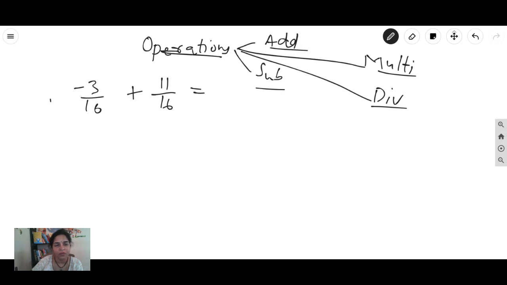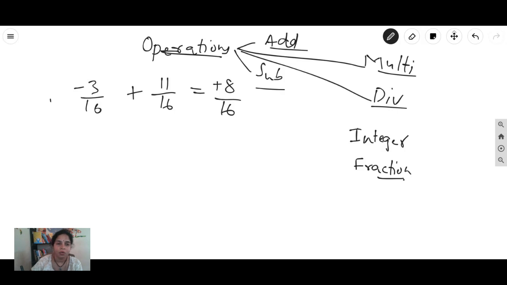Negative 3 and 11, if you add, you get a positive 8. Correct? Just that 16. 8 over 16. That is it. So you have to know how integer addition, subtraction, multiplication, division works, and you have to know how fraction addition, subtraction, multiplication, division works. The same two principles you're going to use here. No extra steps are required.